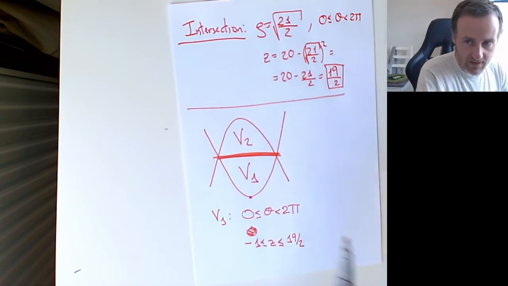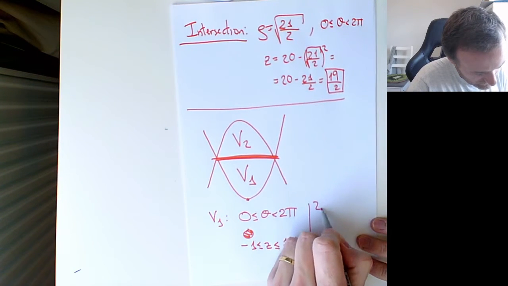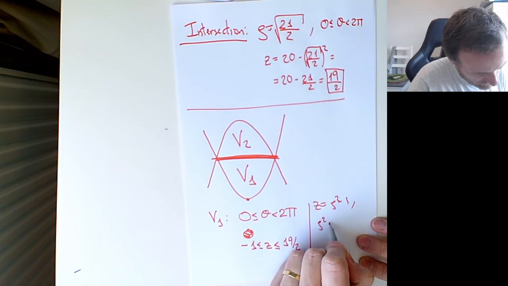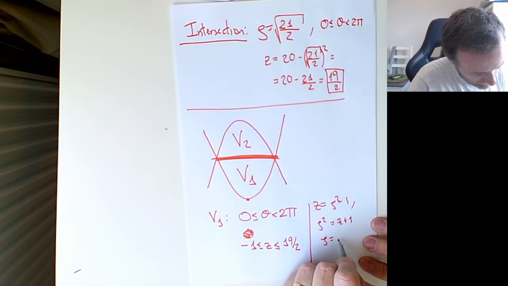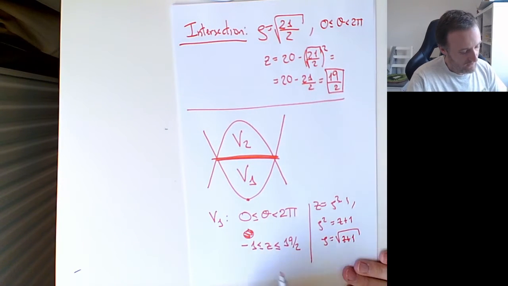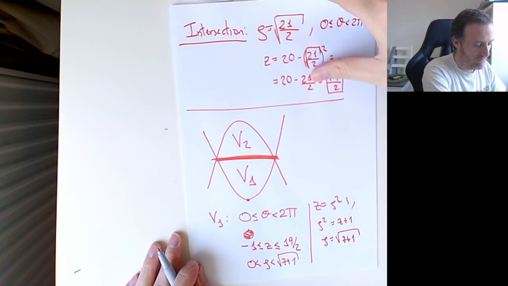And for rho, because z is equal to rho squared minus 1, rho squared is equal to z plus 1, so the boundary is when rho is the square root of z plus 1. So rho is between 0 and the square root of z plus 1.